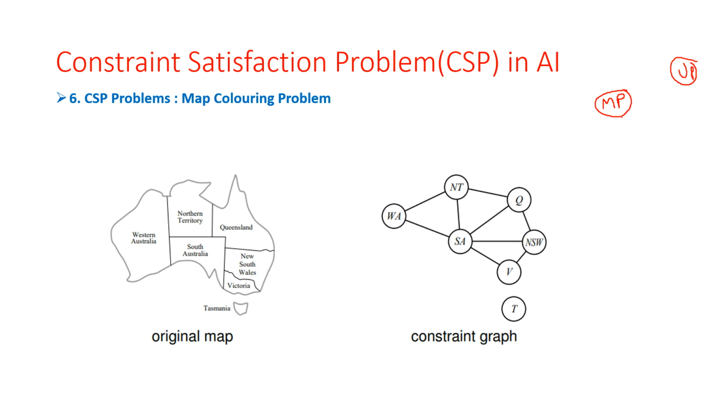Madhya Pradesh is also connected to Rajasthan, Gujarat, Maharashtra, and Chhattisgarh.